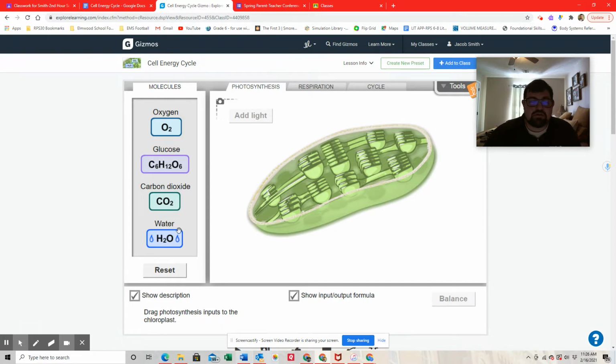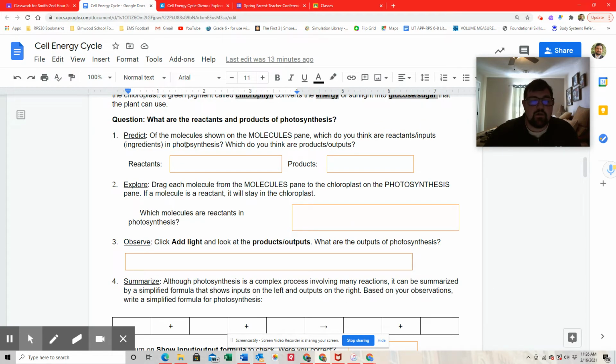So you're going to try to determine that before you even do the activity. You're going to go in here, click reactants. Maybe you think it's oxygen and CO2, and maybe you think the products are water and glucose. But whatever you think they are, you're going to put those in here first. If you already know them, that's great. If this is correct, that's fine. It's kind of like a hypothesis, right?